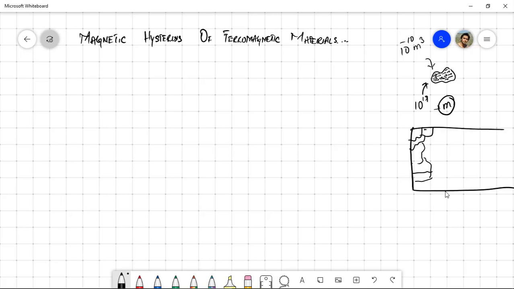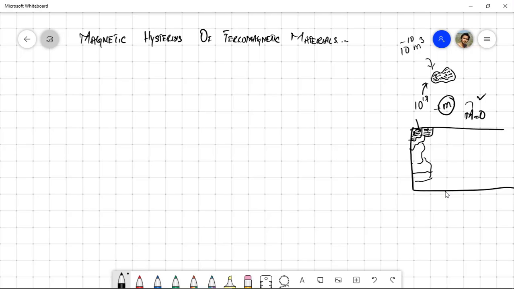He's saying that in the absence of any external magnetic field, all these domains will be randomly placed, and as a result they will cancel each other out, and the total magnetization will be zero. But before we talk about something else, he's talking about domain walls. This boundary, he's calling it domain walls. He's saying what domain walls are.